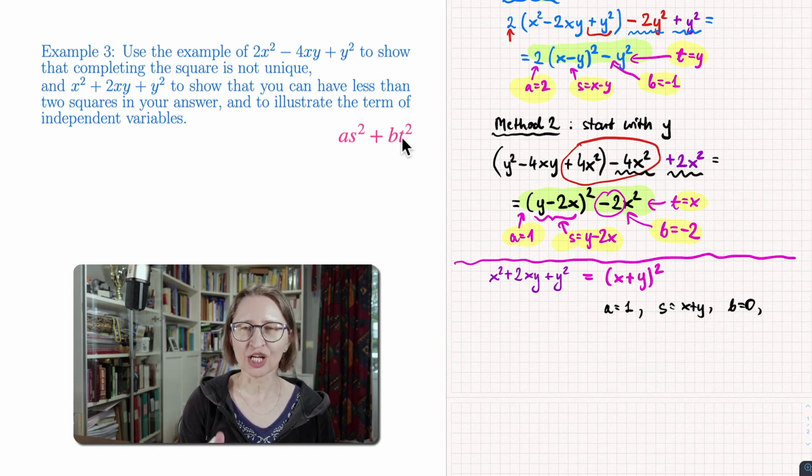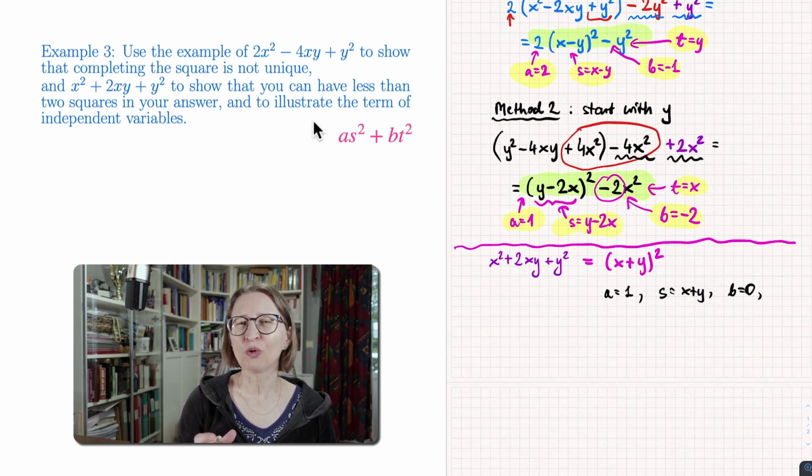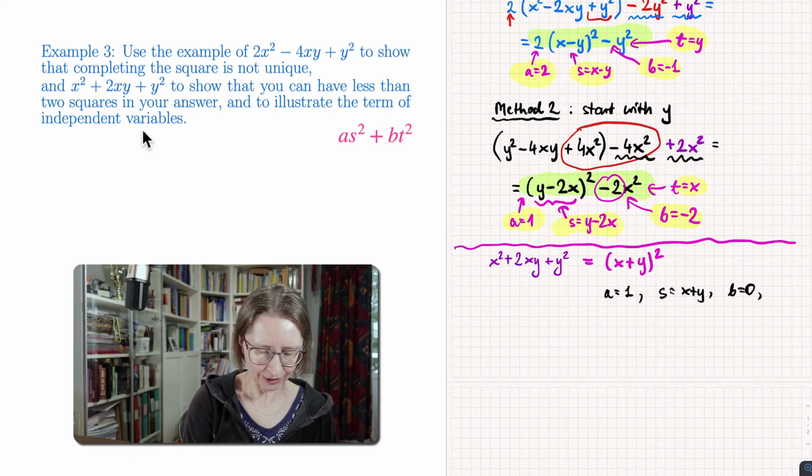You see that we just get 1 square, right? And now, in what way would I violate this requirement that the variables must be independent? Well, look at this. I could rewrite this expression in the following way.